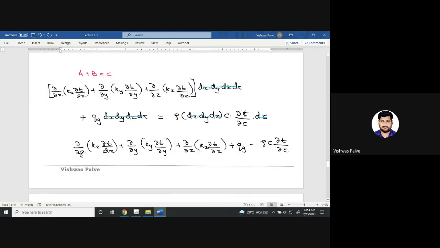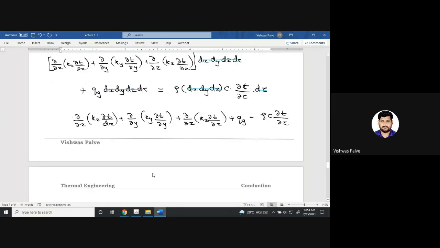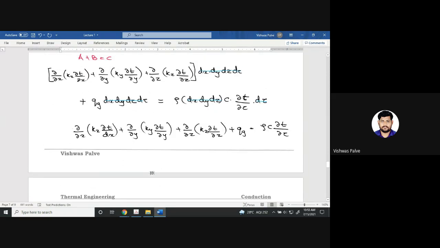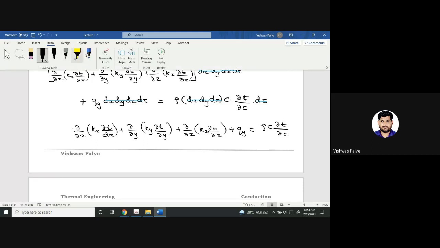Okay, so we reduce this equation. Now, this equation which we have reduced is known as the general heat conduction equation for non-homogeneous material, self-heat generation, and unsteady state. So I will highlight this equation.